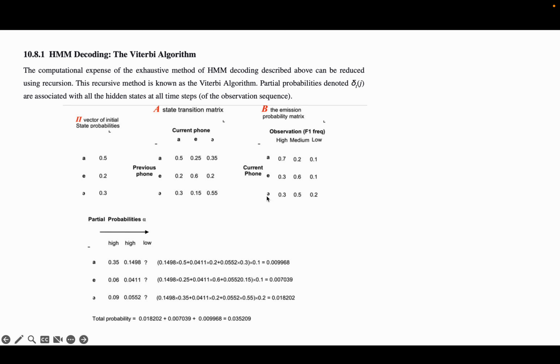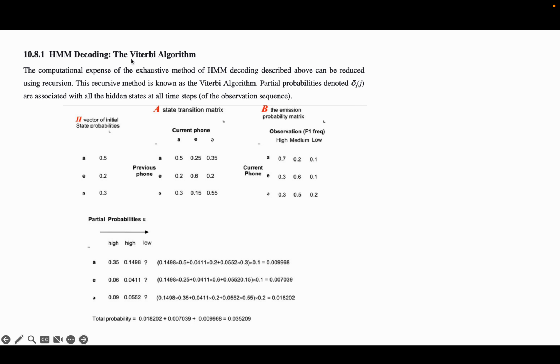So if we look at partial probabilities, if we have an observation that is high, high, and low, then for A, we take the sum of these probabilities, and we end up getting the distribution of that. The total probability then is the sum of all 3. So this is just one example of how the hidden Markov model works.